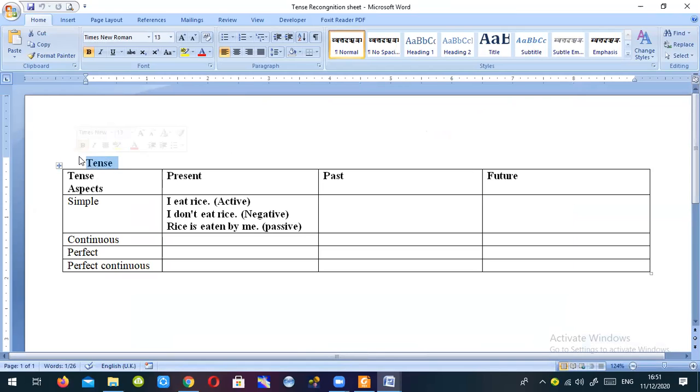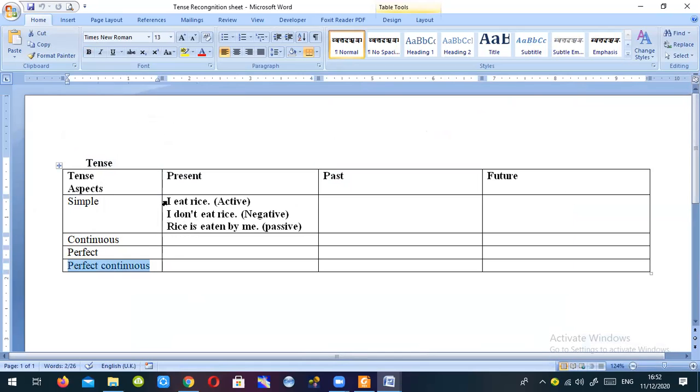I've written here tenses and aspects. Can you see this document? Yes, sir. Here is present, here is past, and here is future. Three tenses and aspects here: simple, continuous, perfect, and perfect continuous.